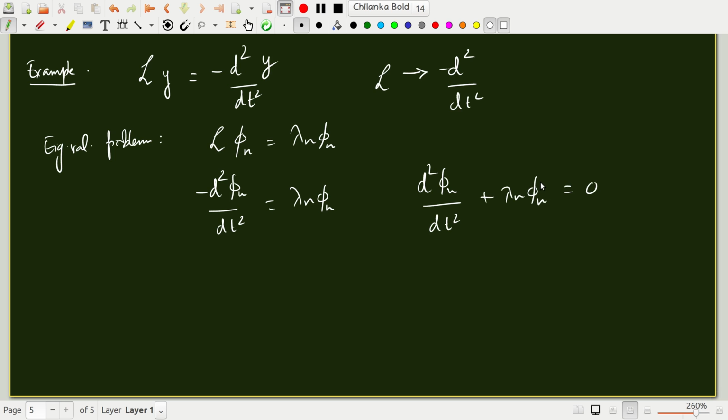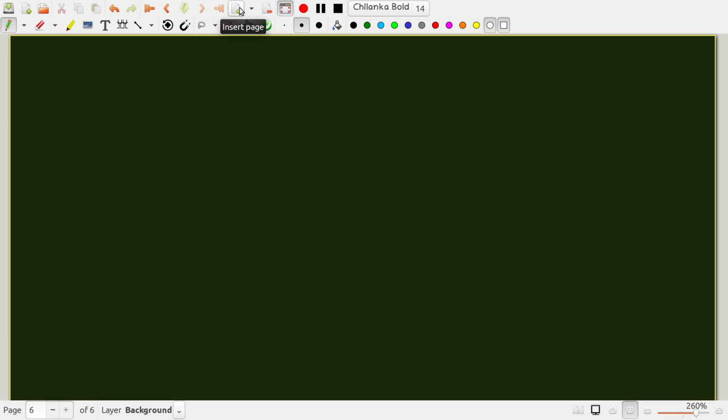Instead of lambda n, let's call lambda n as omega n squared, because the algebra will become simple. So the eigenvalue problem is, okay, we are free to change the form of the eigenvalue, whether it is lambda or omega squared, it's up to us.